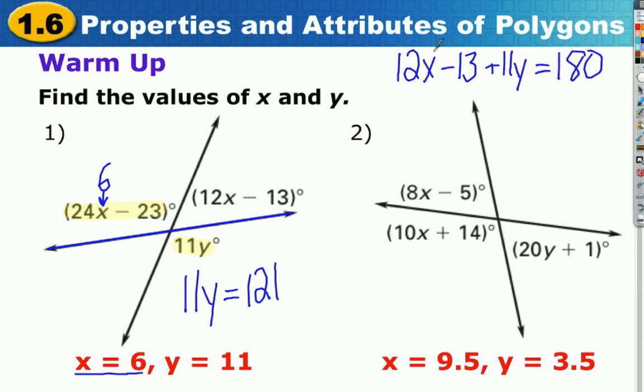How did you reconcile the fact that there's an x and a y and you can't solve for one of them? I just plugged in the x. Oh, so you had solved the other one already. You already had the 6, and then you used this to find out what the y was. Very good. Outstanding. Excellent job.